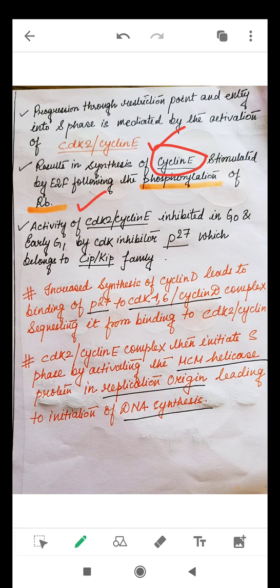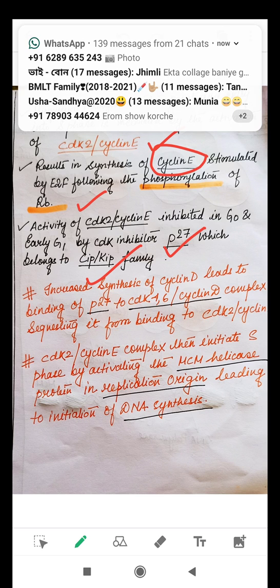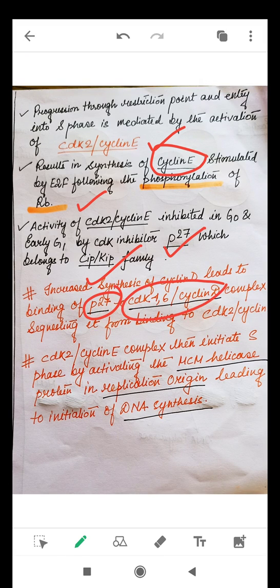CDK2 and cyclin E form a complex, but they are inhibited in G0 and G1 phase by an inhibitor, that is P27. This P27 belongs to the CIP/KIP family. So this is another family which inhibits the activity of CDK2 and cyclin E. Increased synthesis of cyclin D leads to binding of P27 to the CDK4/6 cyclin D complex, relieving CDK2 and cyclin E. Once the CDK2 and cyclin E complex is relieved, they are activated.